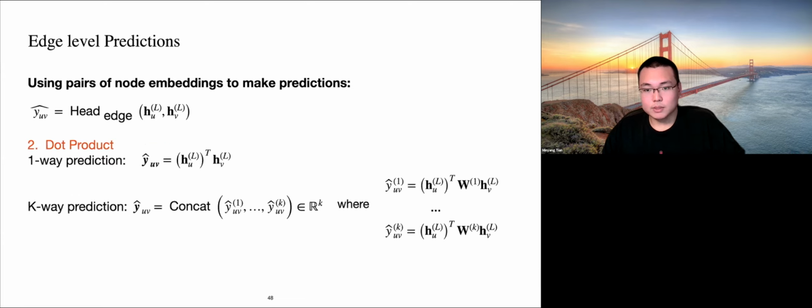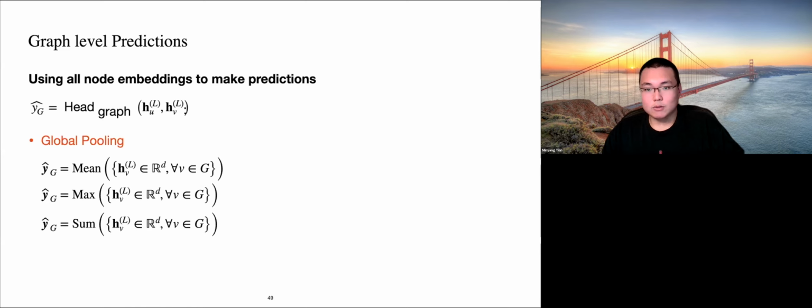For the second choice, we can use the dot product. For one-way prediction, we can directly use h_u^L transposed times h_v^L. But for k-way prediction, it's a little more complicated, similar to the multi-head attention we talked about before. We have W_1 to W_k trainable matrices, and we can concatenate all the results together to get our final results.